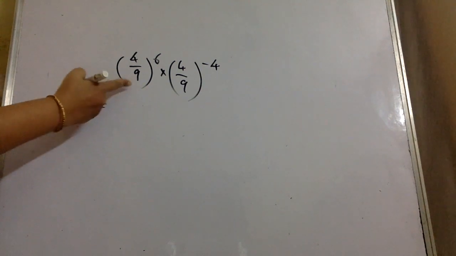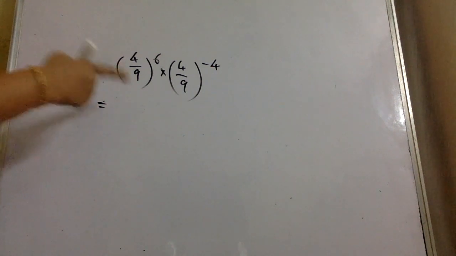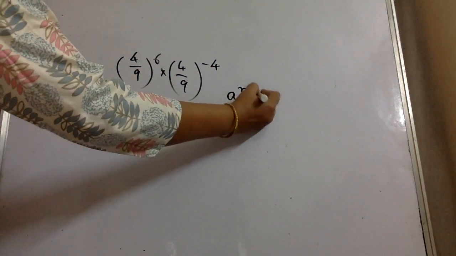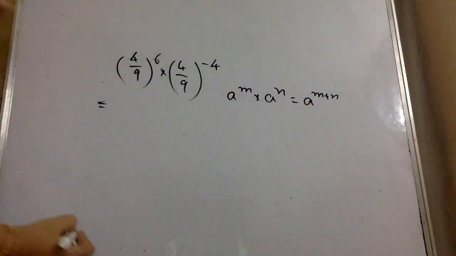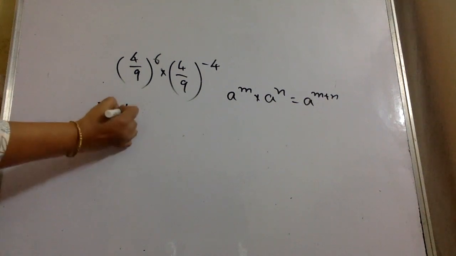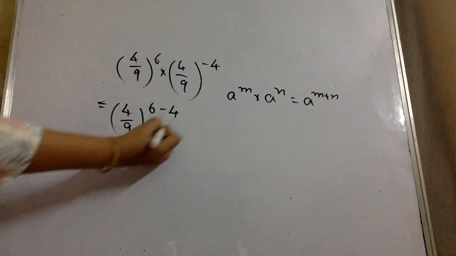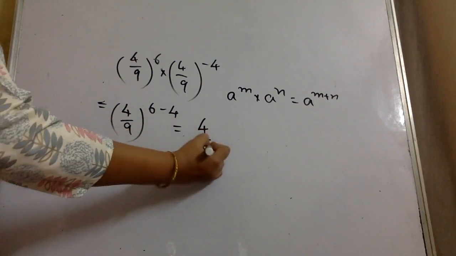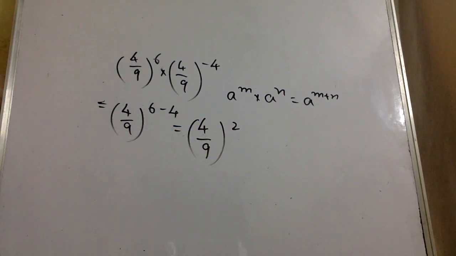The base is the same and the powers are different, so we'll be using the first rule here, which is a^m into a^n is equal to a^(m+n). So (4/9)^(6-4), which is equal to (4/9)^2. So this is our final answer.